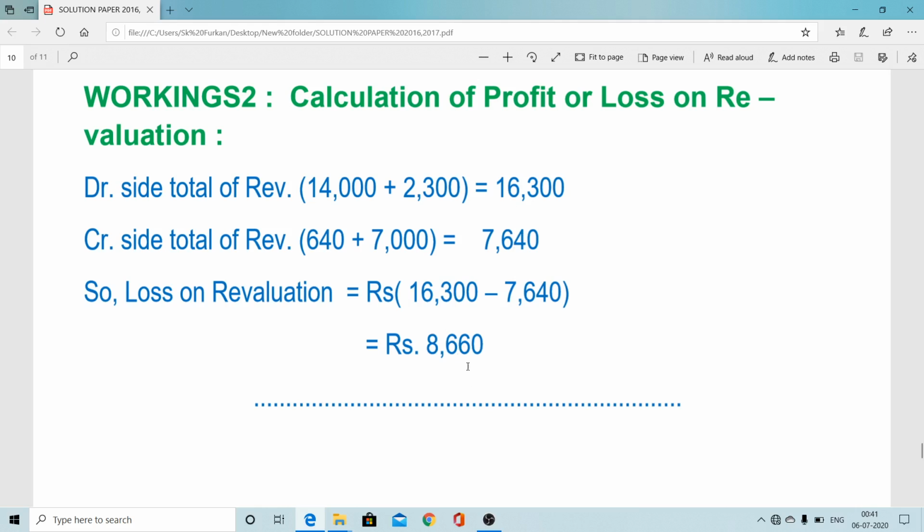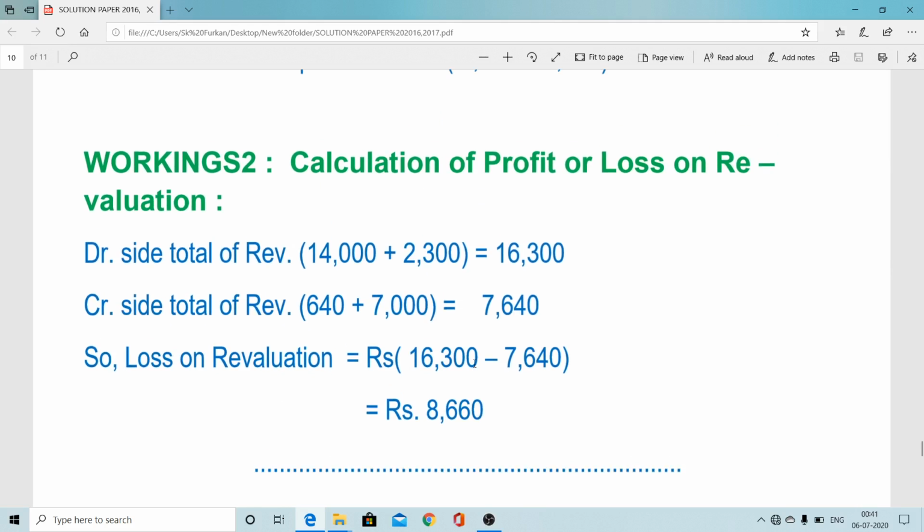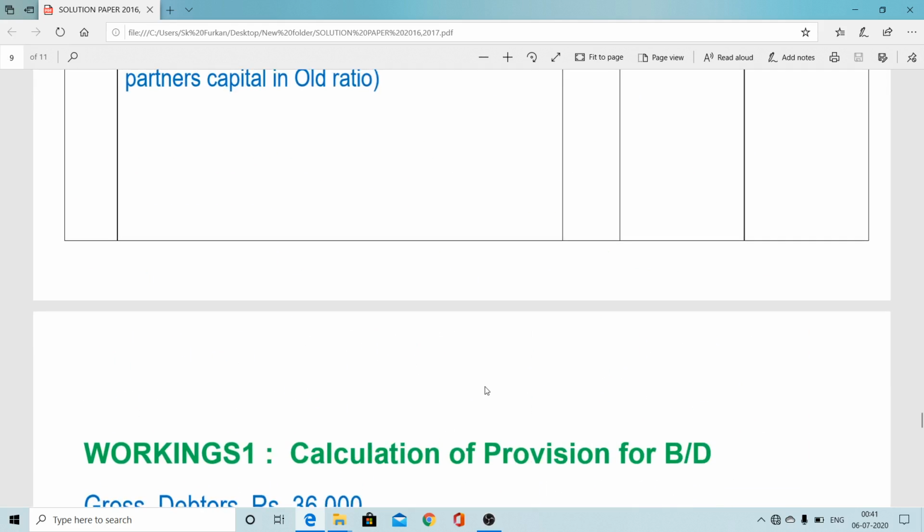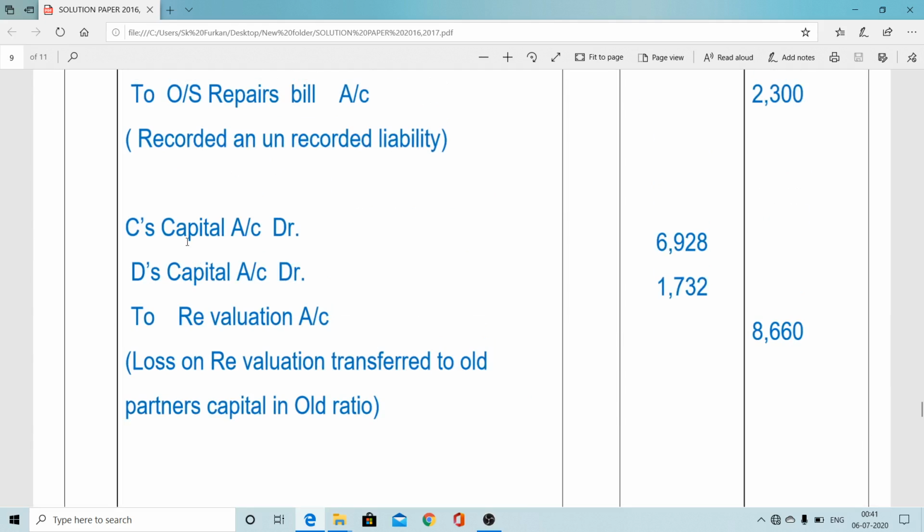Debit is greater than credit, which means a loss arises, a loss on revaluation. This loss on revaluation will be transferred to all partners in their old ratio, and the requisite entry is: partners' capital accounts debit to revaluation account. We know when there is a loss, this entry will be there: partners' capital account debit to revaluation. When there is a profit, revaluation to partners' capital. So when it is a loss, it is the reverse entry, their share of the loss.